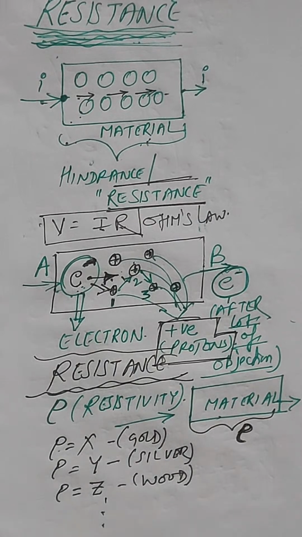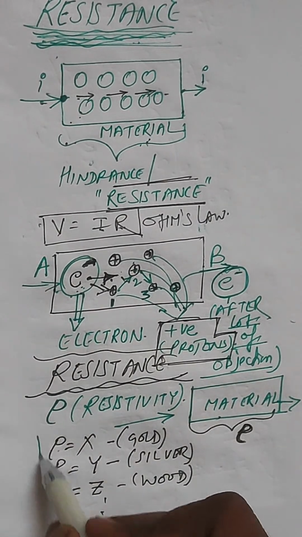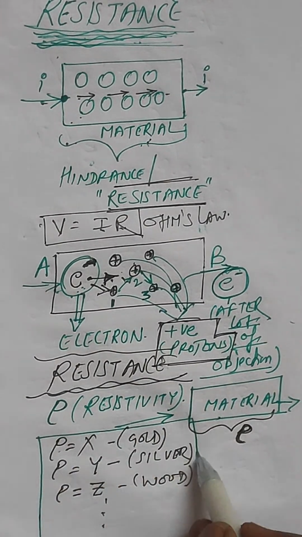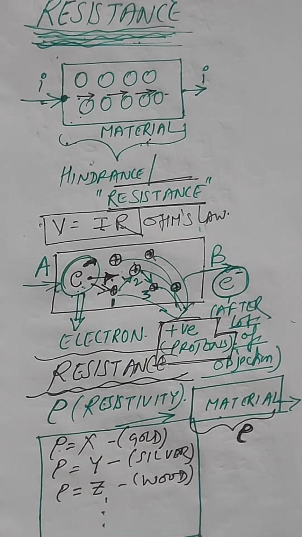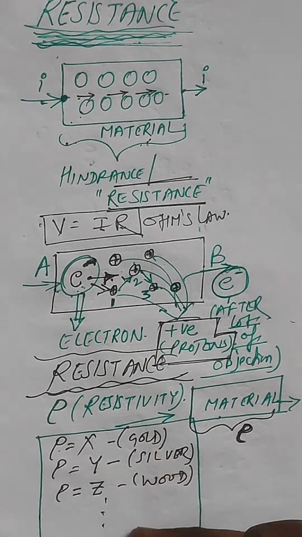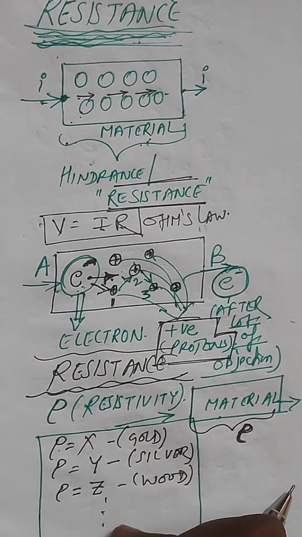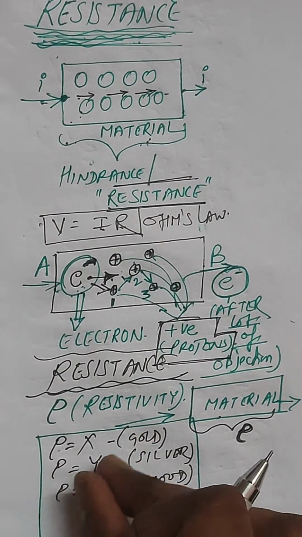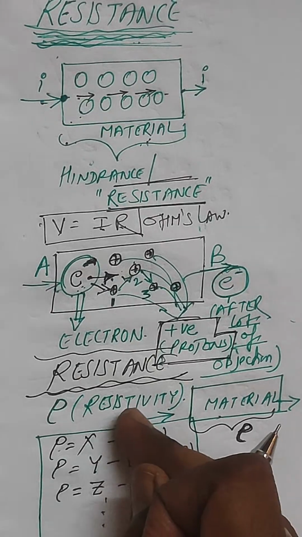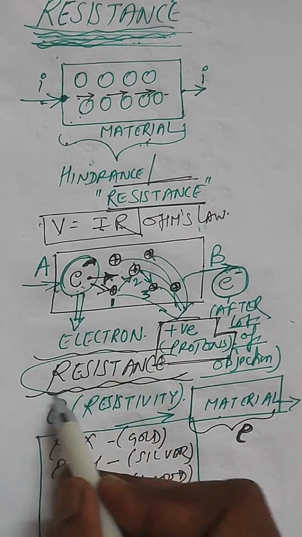So this list can be anything. The list of resistivities will be provided to you in your numericals, so you need not remember all this. You just need to understand that this is the concept of resistivity which creates resistance, right?